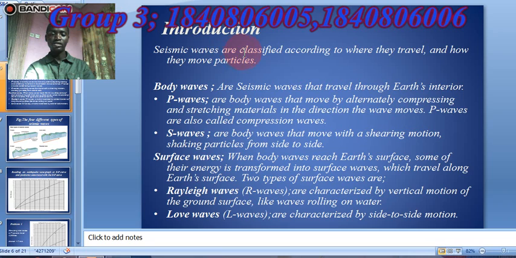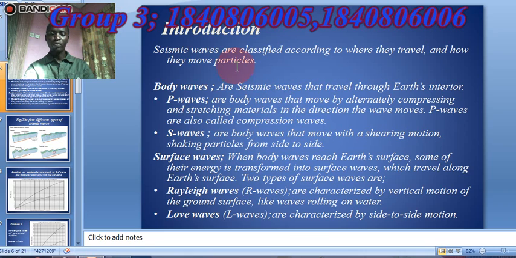Seismic waves are just any kind of waves that can travel or propagate through the earth. They are not necessarily waves that originated in the rocks. You can as well set up a wave to propagate through a rock, and we call it a seismic wave.